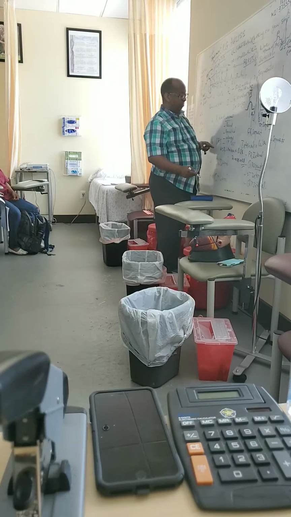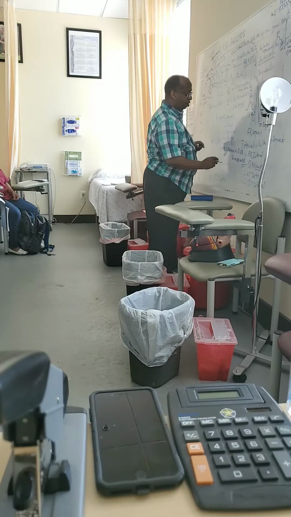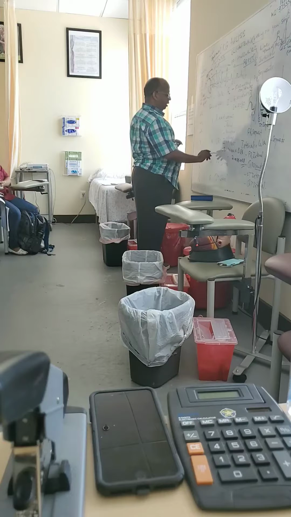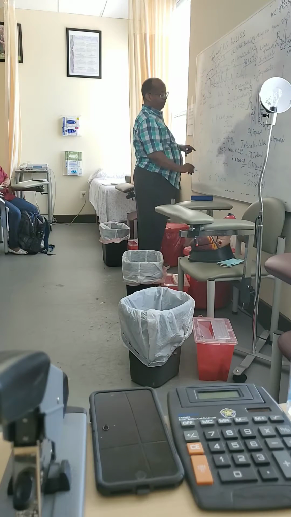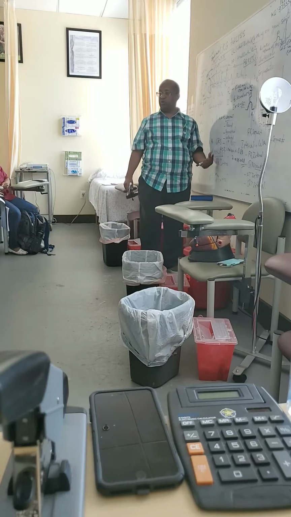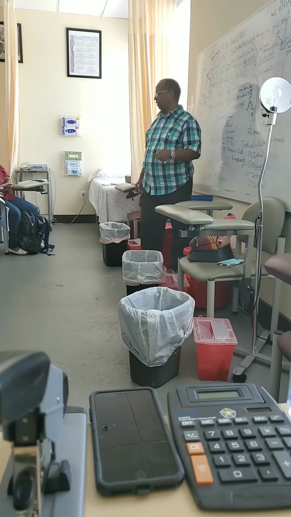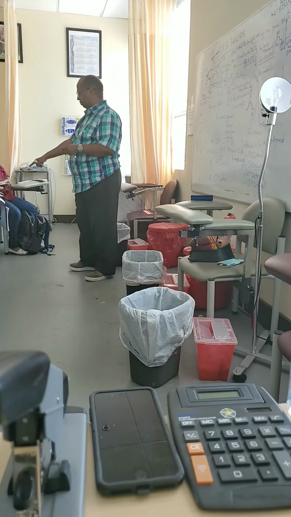The normal is 0.04 to 0.1 second. So any of your values should be in this range. If it's in this range, then you have a normal QRS. I put it for you on the paper.